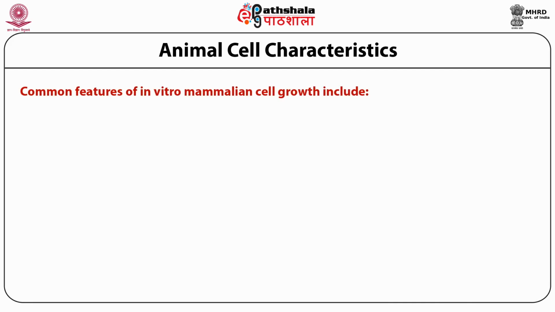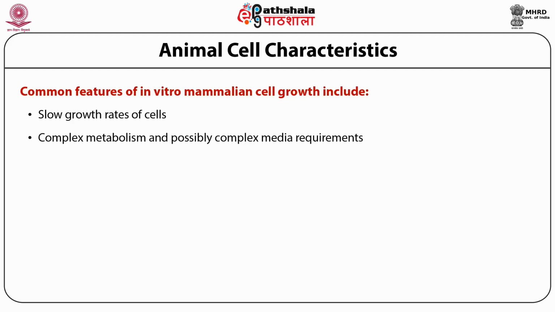Some of the common features of in vitro mammalian cell growth include slow growth of the cells, their complex metabolism, making use of complex media requirements, and the requirements for specialized cell surface for their adherence and growth.